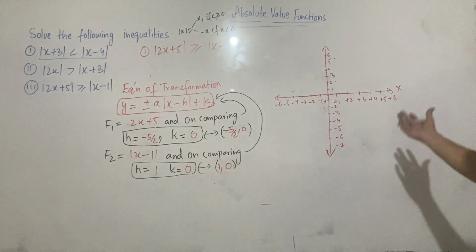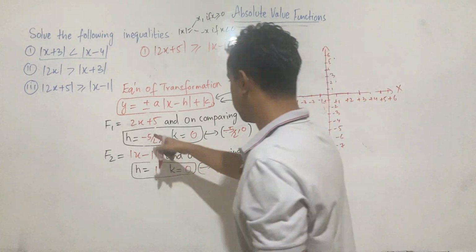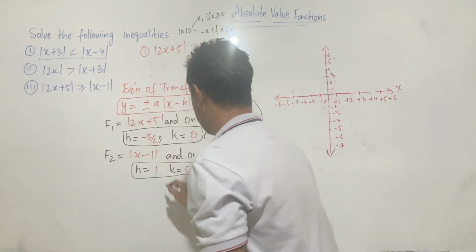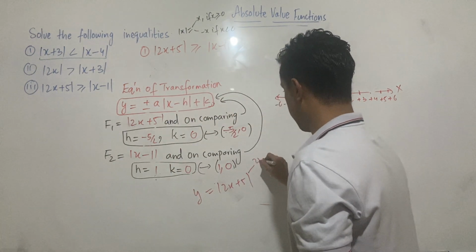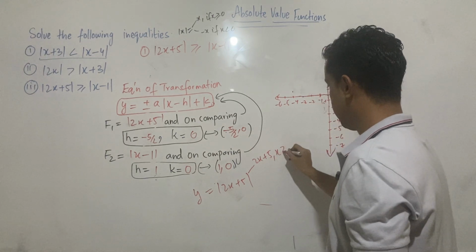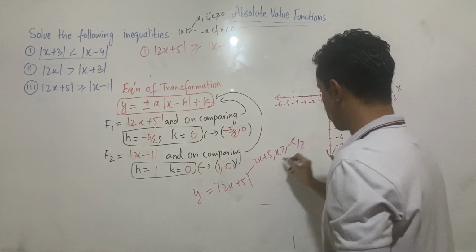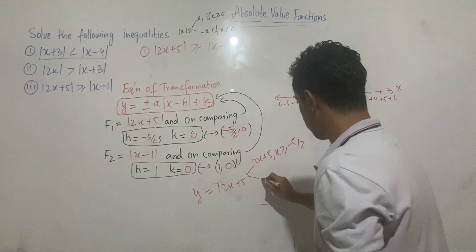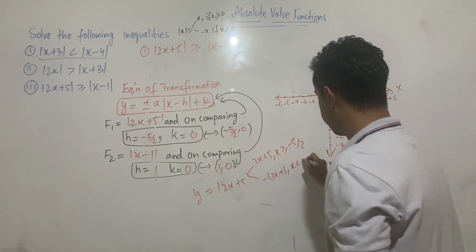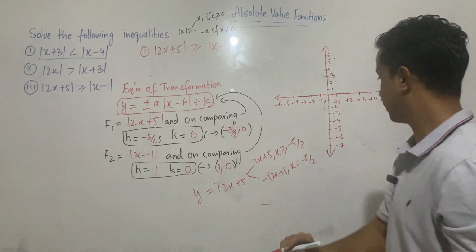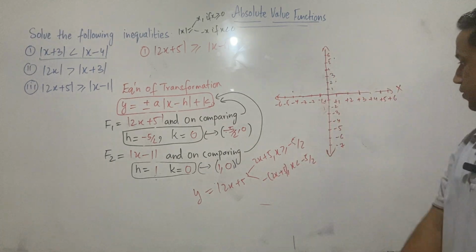So let's sketch it. First we'll deal with y equals 2x plus 5. See here, 2x plus 5 for x greater than or equal to minus 5 by 2, and it's going to be minus of 2x plus 5 for x less than minus 5 by 2, right?